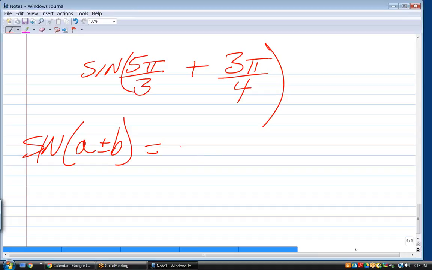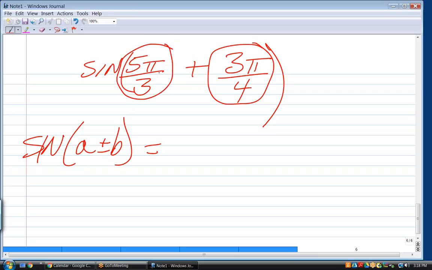So I couldn't do common denominators? That's going to give us 20 pi plus 9 pi, 29 pi over 12. You won't know how to do that either. These are actually angles that we can figure out how to do.